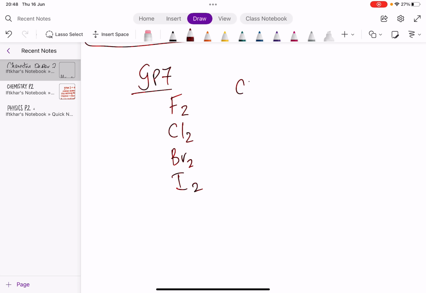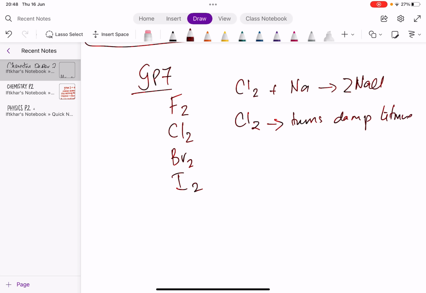General reactions. Chlorine can react with sodium to form sodium chloride. The test for chlorine gas is it turns damp litmus paper red, and please remember this test, and then it bleaches it white. That's the test for it.